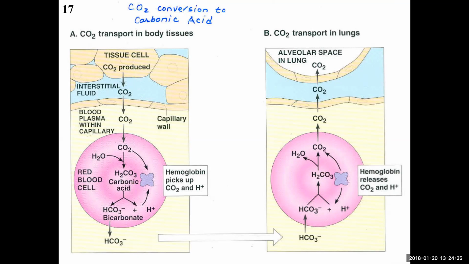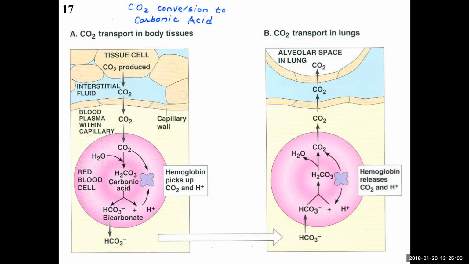Sodium bicarbonate is traveling in the plasma. But now when we get back to the lungs, the sodium bicarbonate will give off again the sodium and the proton will be released. And so we have back again our bicarbonate, and that will then be transformed into the CO2, which will be eliminated because the bicarbonate goes back into the red blood cell.